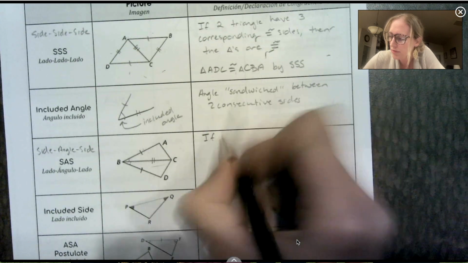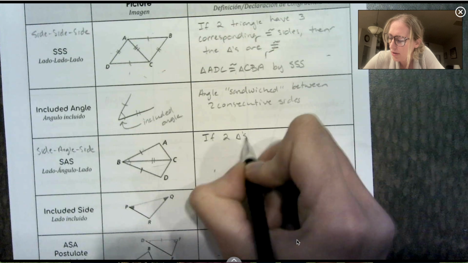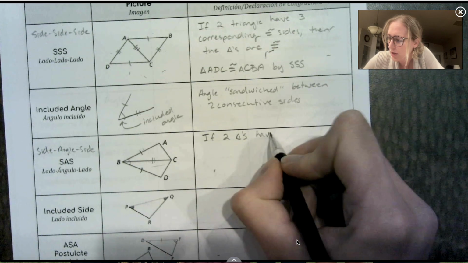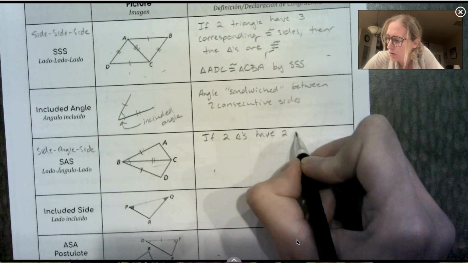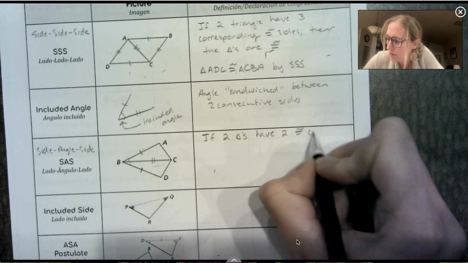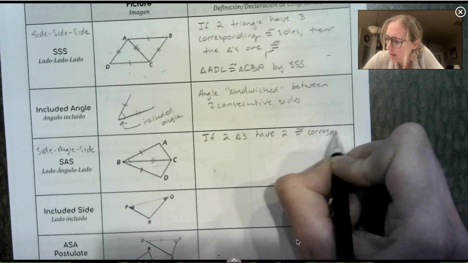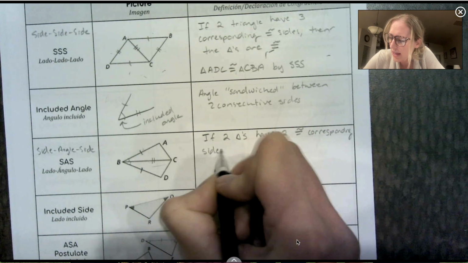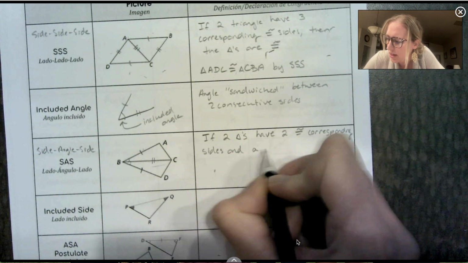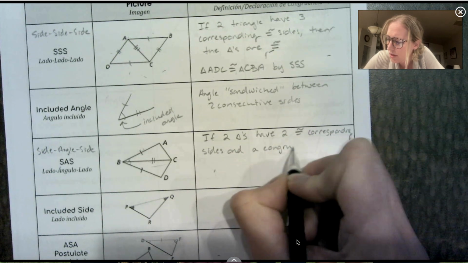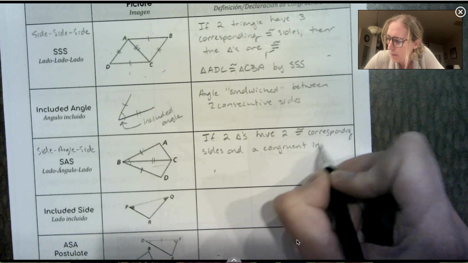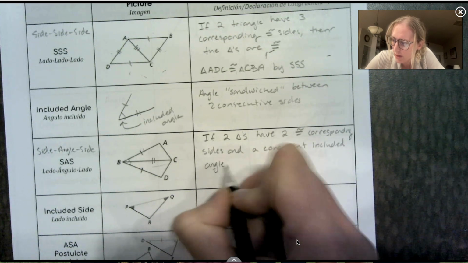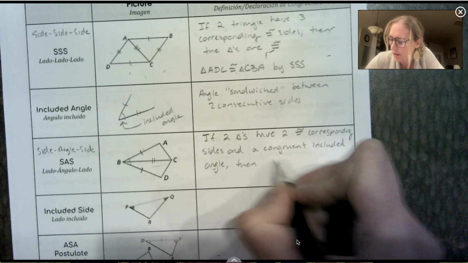So if 2 triangles have 2 congruent corresponding sides and a congruent included angle, then the triangles are congruent.